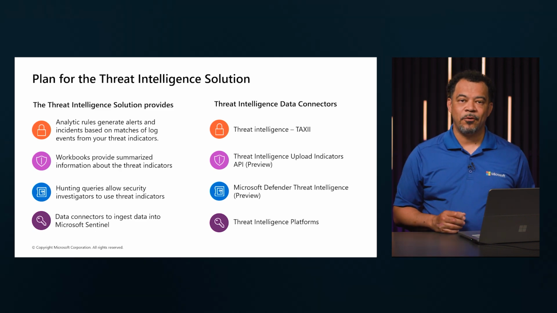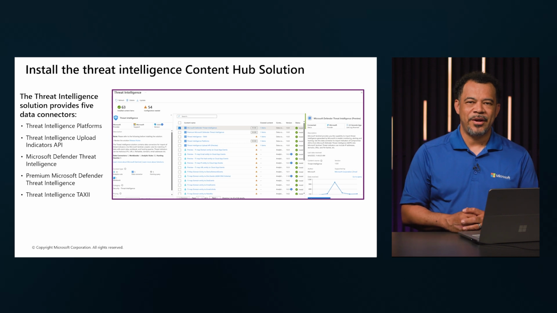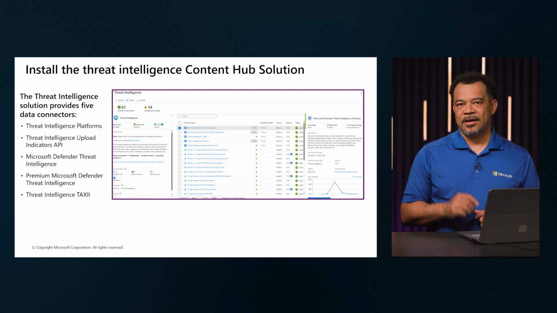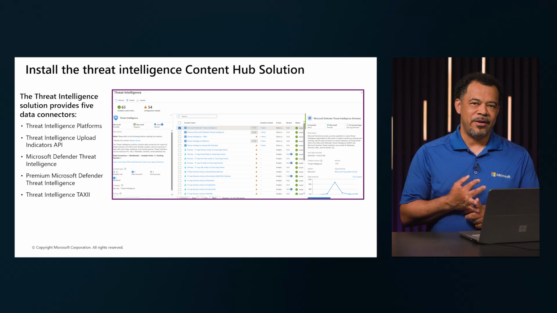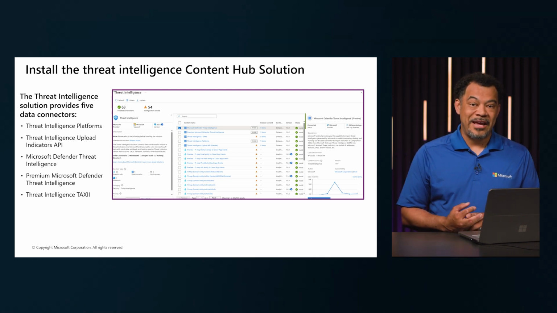threat intelligence platforms. This outlines how to install the Threat Intelligence content solution from the Content Hub. It includes five key data connectors, like the TAXII connector and the Microsoft Defender Threat Intelligence connectors, both standard and premium, as well as APIs for uploading custom indicators.